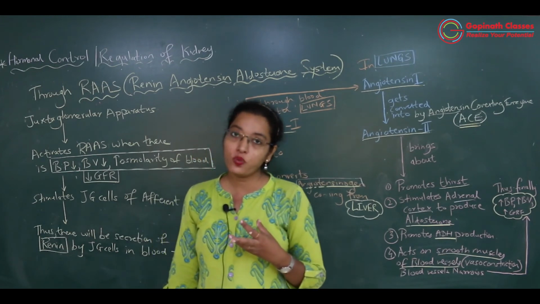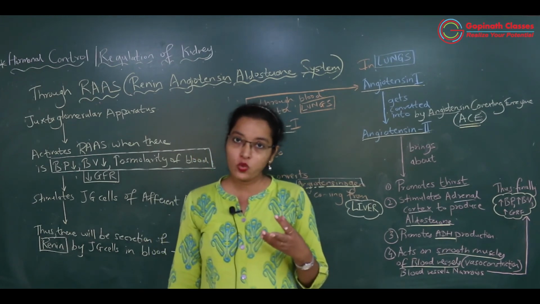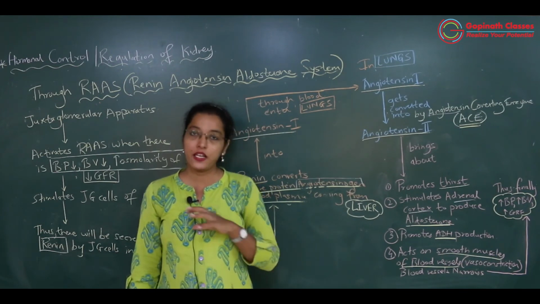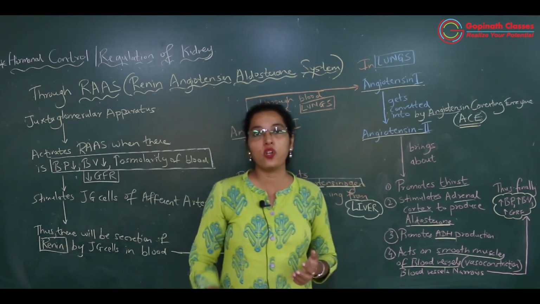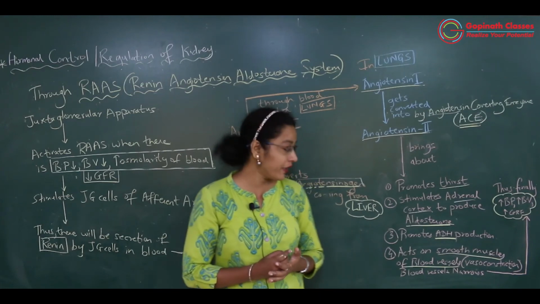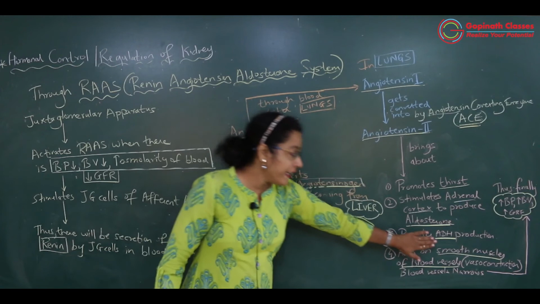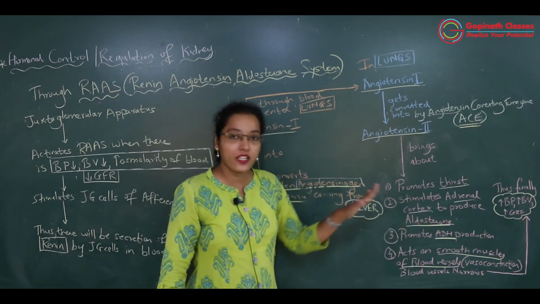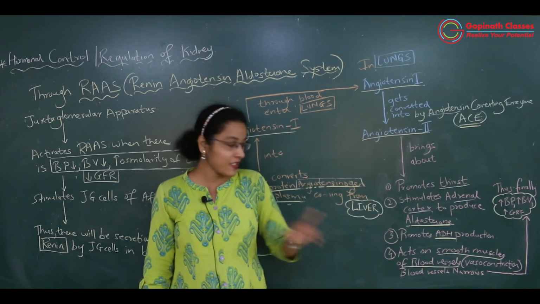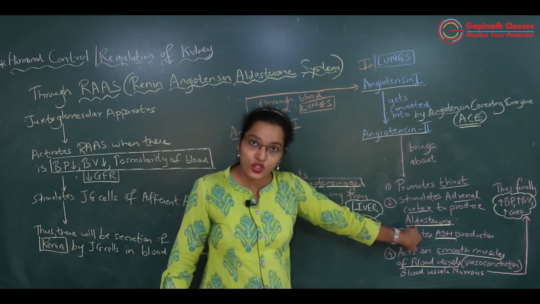Aldosterone will act over DCT, and DCT will reabsorb sodium ions, and along with the sodium ions water will also be reabsorbed. Got it? So ADH के कारण, aldosterone के कारण reabsorption हो रहा है water का, as well as sodium ions are also reabsorbed because of aldosterone.